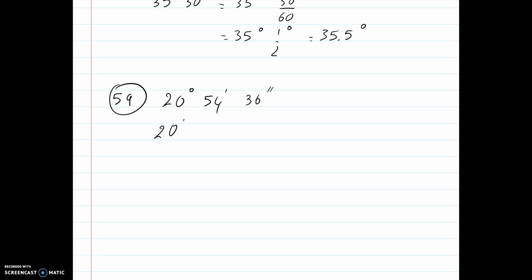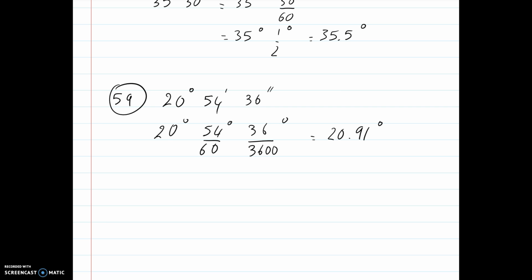That means it's going to be 20 degrees plus 54 over 60, and seconds into a degree is going to be 36 over 3600 degree, and we end up with 20.91 degrees. I would like to remind you, you can always use your calculator to find this value.